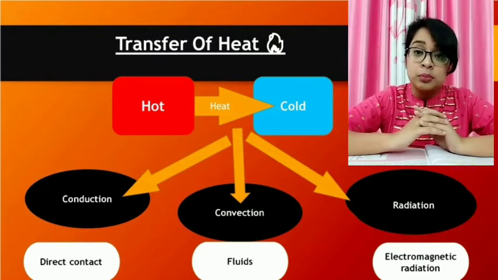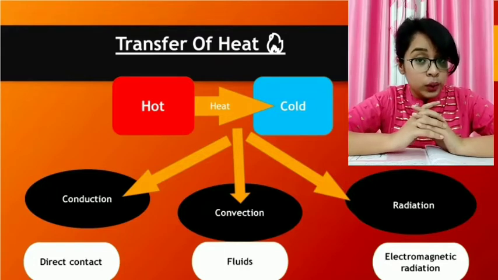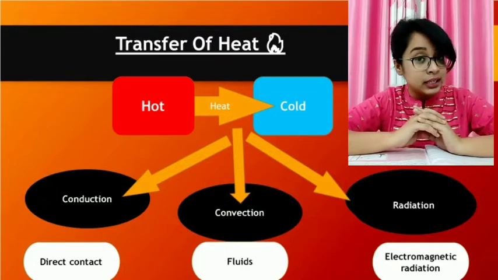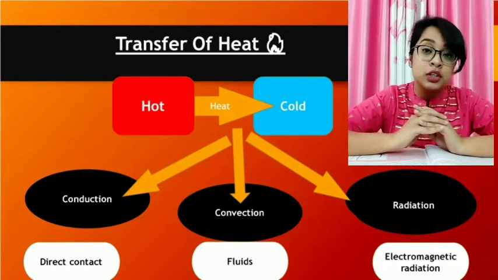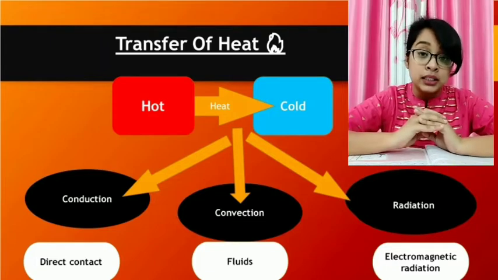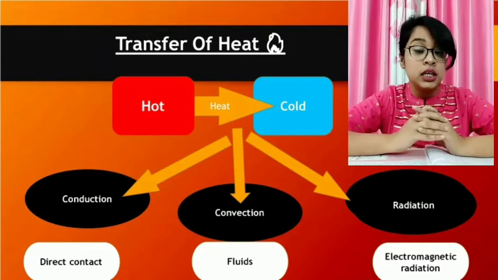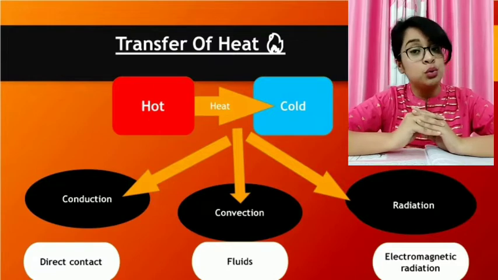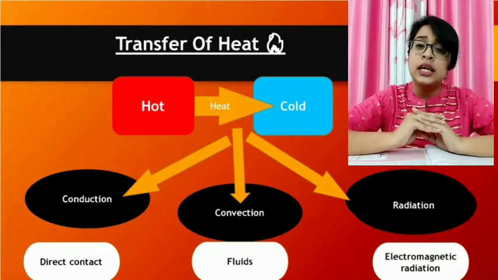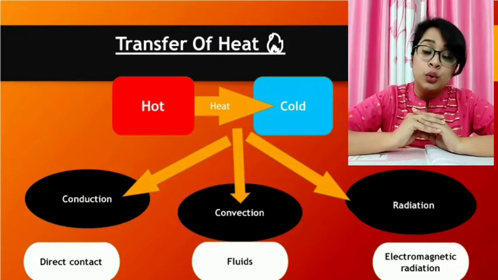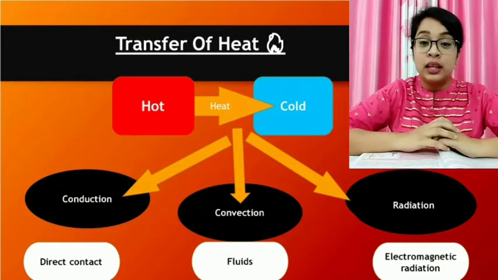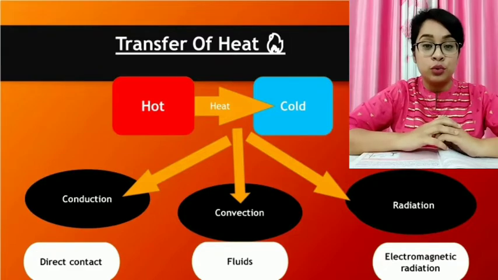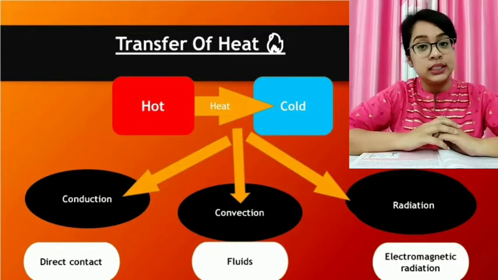Fluid means the material which can flow. Fluid means both liquids and gases. So convection takes place in fluids, where the particles of the fluid transfer the heat from one part to another. And in case of radiation, no such medium is required for the transfer of heat. Let us study all three modes by which heat gets transferred in detail.